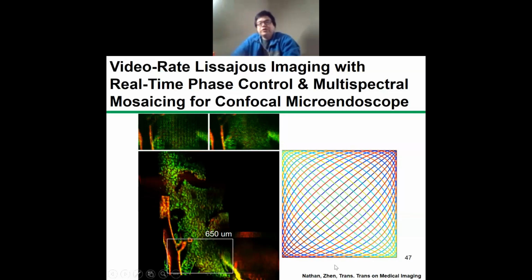If you're interested, you can check our Transactions on Medical Imaging paper on the real-time mosaicing, and also how to do the phase control, because the MEMS scanner is sometimes not that stable. You have to lock the phase, and there's an algorithm we developed to automatically lock the phase, instead of traditionally manually tuning it. But in real cases, phase stabilization has to be added.